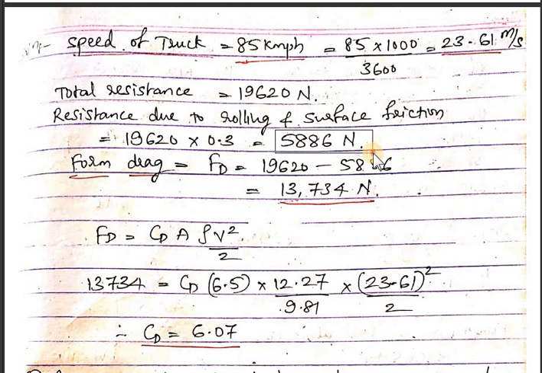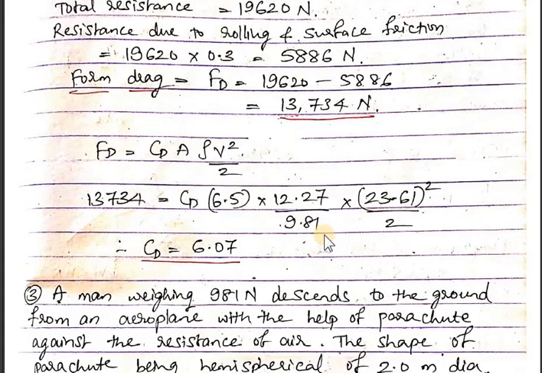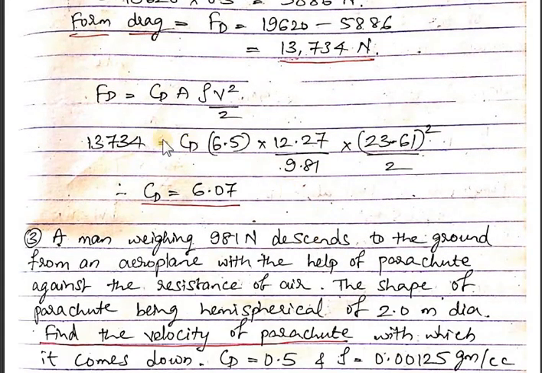The drag force is nothing but the total resistance minus the surface friction, or the shear force. The form drag is the pressure force minus the shear force. I hope you are getting this. This we have done in the derivation: it is nothing but PdA minus tau naught dA. So we have taken the difference of these two forces to find the drag force, that is 13,734 newtons. Just check the values. Here in the calculation they are asking only for the coefficient of drag.